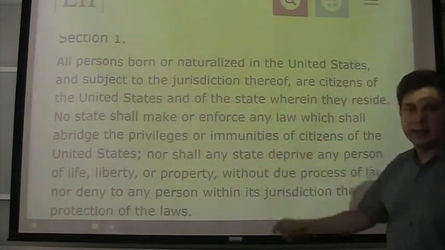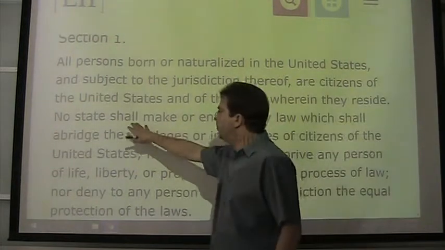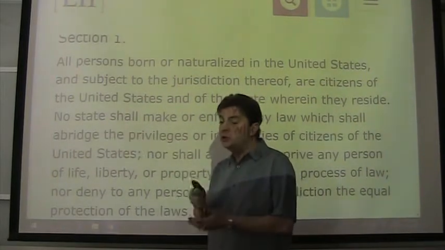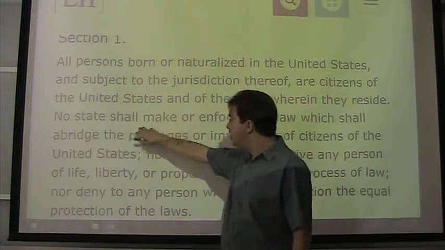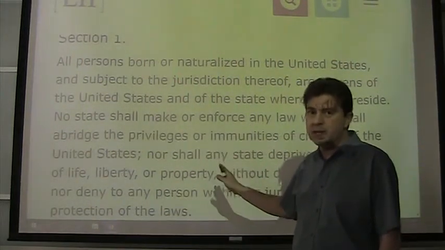Now, we get to the next section. And so I'll point out, look again for the structure as with the First Amendment. Notice the semicolons. That's the tip-off. And so it tells us we've got 3 elements. No state shall. Now, those are very powerful words in law, because it's saying no state, no exceptions, and nobody shall do any of these things that we're about to spell out, with no exceptions.